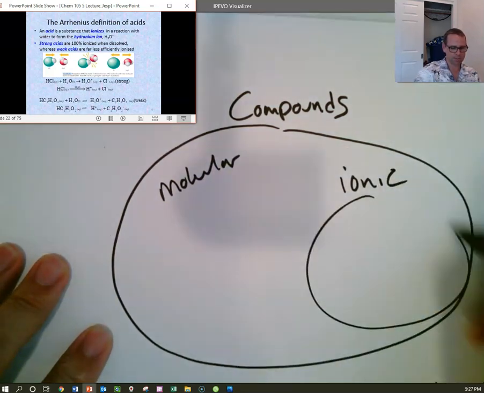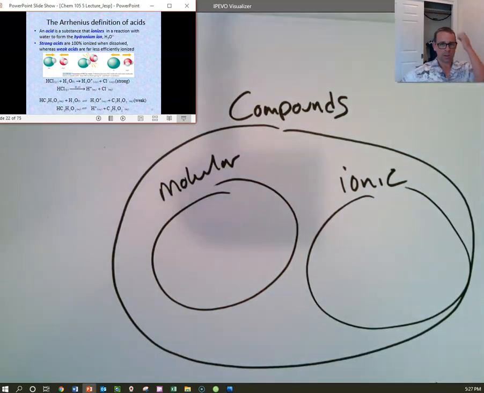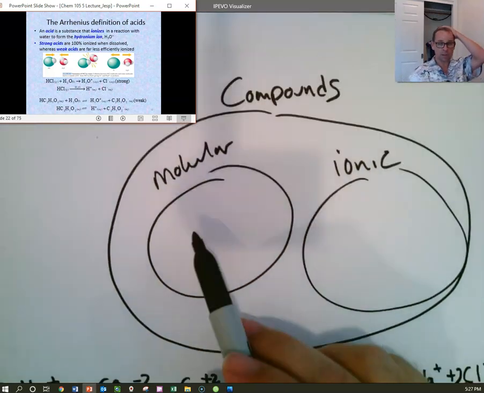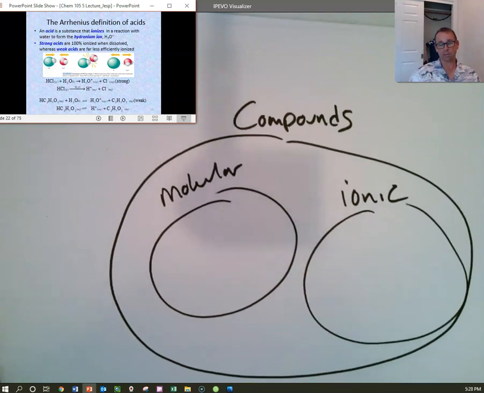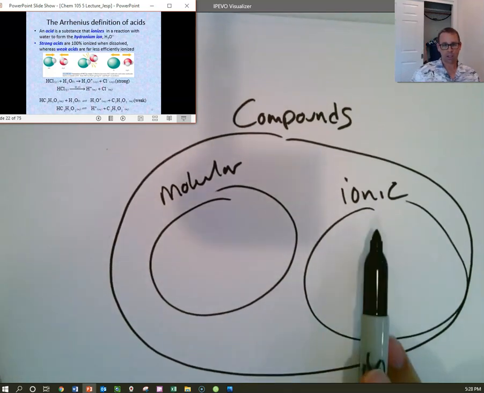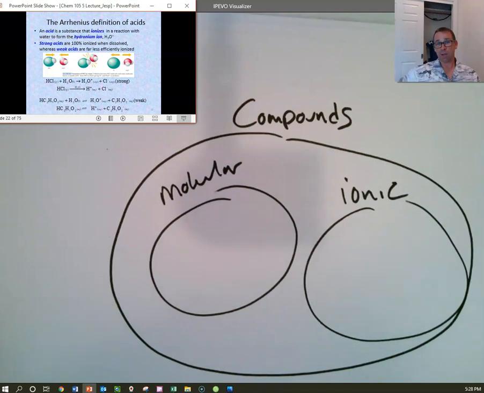Remember this business? And our molecular compounds were compounds that were made of non-metals. Ionic compounds, we have a better definition now. We call it a compound that is made of ions, but if it contains a metal, then we know it's an ionic compound. All right.